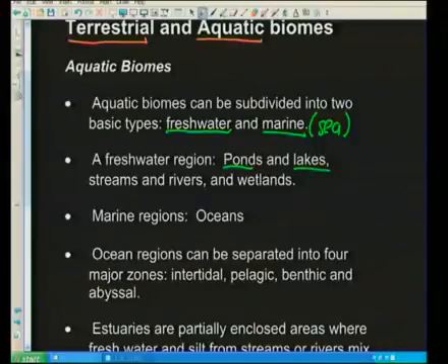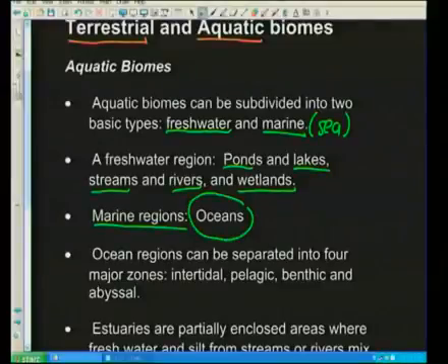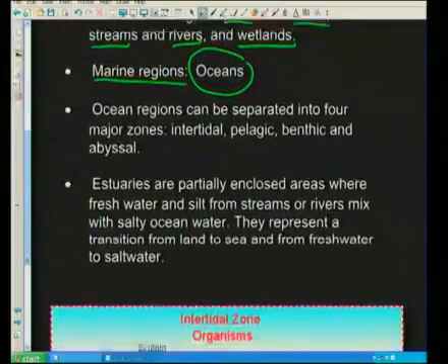It's things like ponds and lakes and streams and rivers and wetlands. Those are all biomes that consist of fresh water. What are marine regions? Marine regions are mainly oceans. Oceans are very complicated, complex biomes.